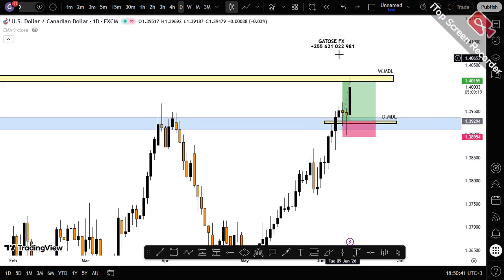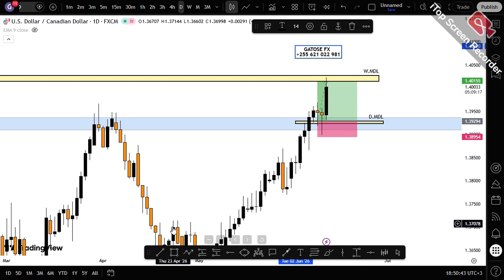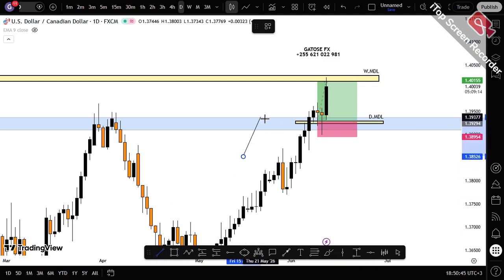As I said from the beginning of the session, the liquidity that I used to place my limit order was this MDL liquidity, which was formed in the form of wicks of candles, because we have the MDL in the form of structure and we have the MDL in the form of candles. So you need to understand all these things, right?